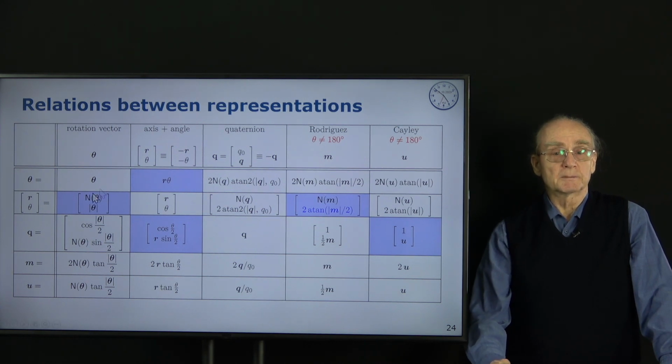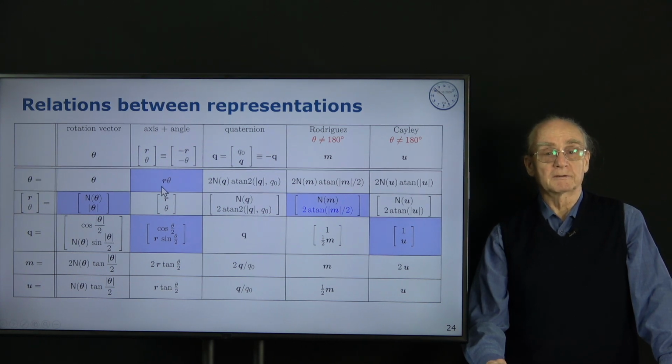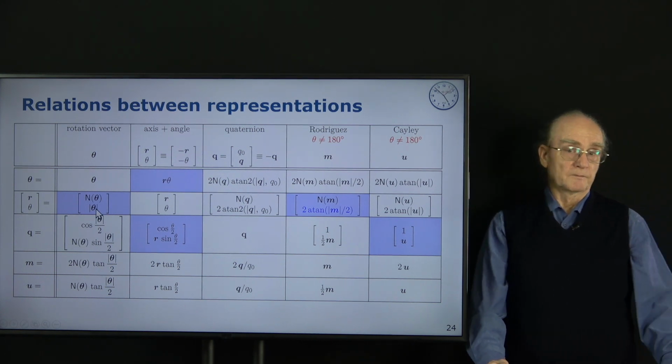And what we see in this table is how the individual parameters of these 5 different representations can be derived from the others. So, for instance, the rotation vector theta can be derived by just multiplying the rotation axis with theta. Or inversely, if we have the theta given, we can derive the rotation direction by normalizing this vector, and the angle is nothing else than the absolute value of this vector.